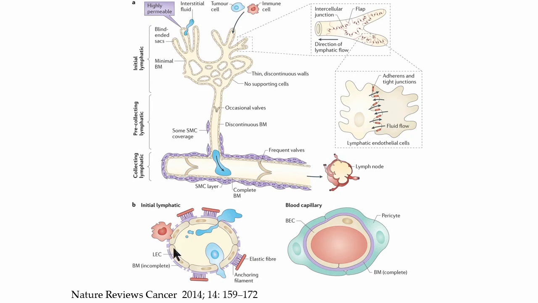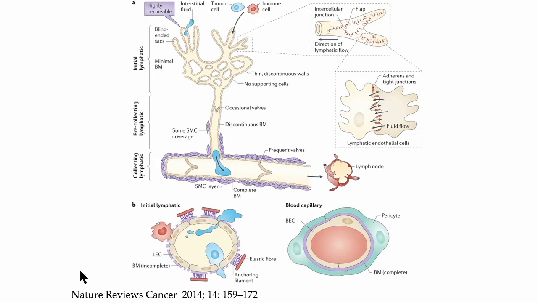So the initial lymphatic, which you see in cross-section here and more in tubular structure here, is composed of blind-ended sacs. They are highly permeable to interstitial fluid, to immune cells, and under the wrong pathological circumstances to tumor cells as well. They have thin, discontinuous walls, and there are no supporting cells in the form of pericytes, as I already mentioned.